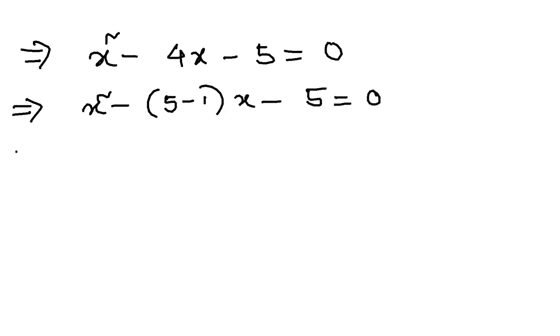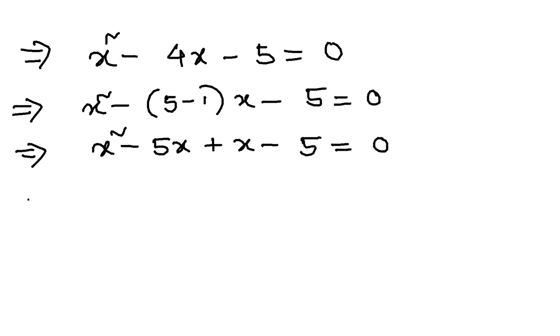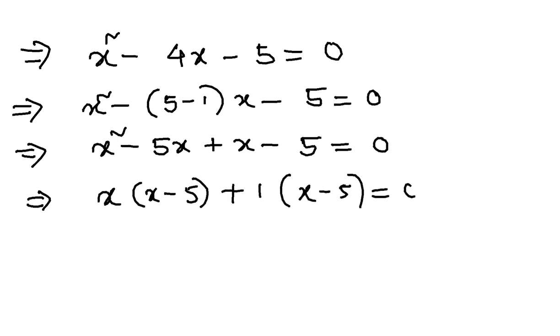And I'll simplify this: minus 5x plus x minus 5 equal to 0. Then x common, x minus 5, from these two, 1 common, x minus 5. So from both the terms, x minus 5 is common. So you're left with x plus 1 equal to 0.